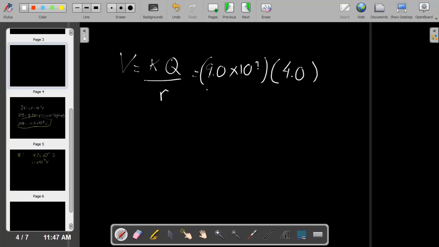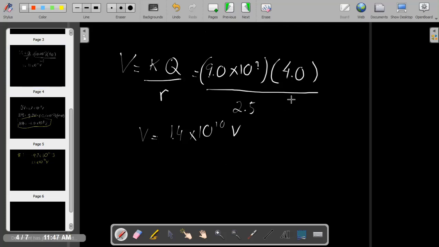So the units are correct, we'll leave it alone. Divided by the distance. The distance was 2.5 meters. Put all of these in your calculator, and you should find that electric potential to be 1.4 times 10 to the 10 volts. So if you didn't get this, it's because you did something wrong with your calculator.